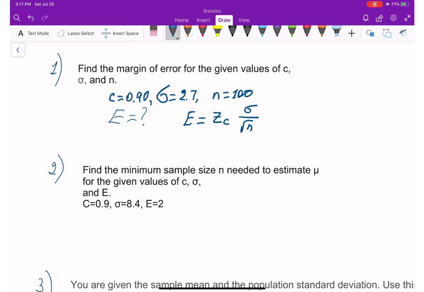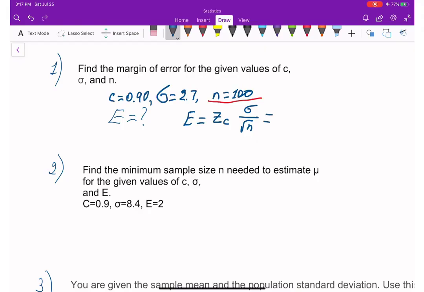Now one would ask me, why do we use the z critical and not the t score? Because our n is greater than 30, right? Okay, so let's plug in the numbers.